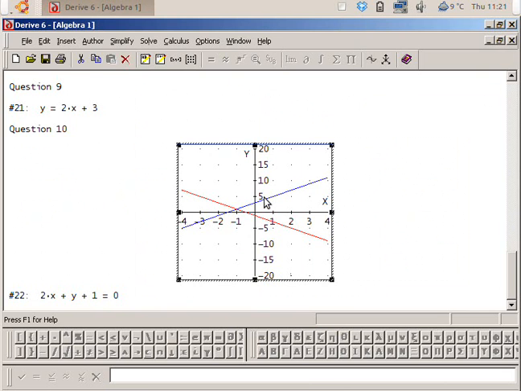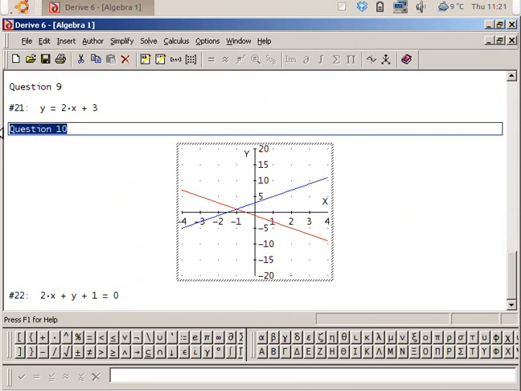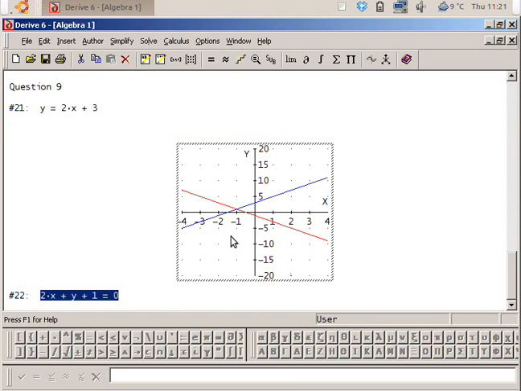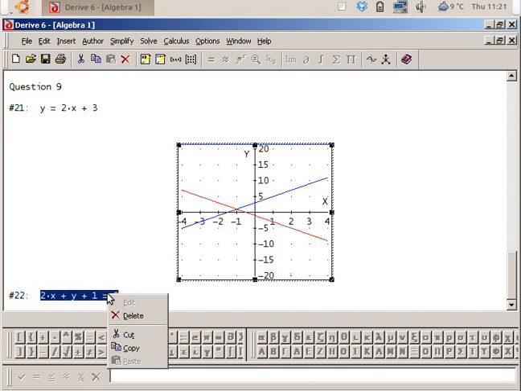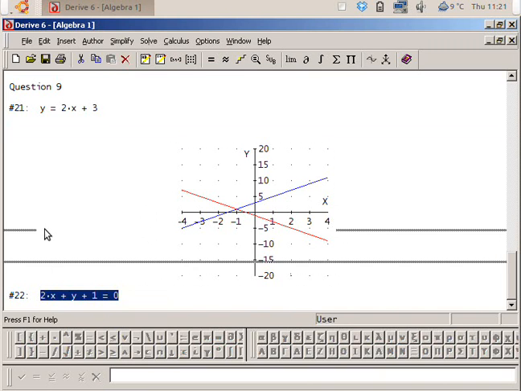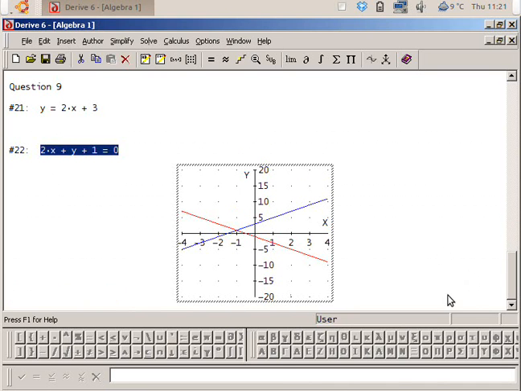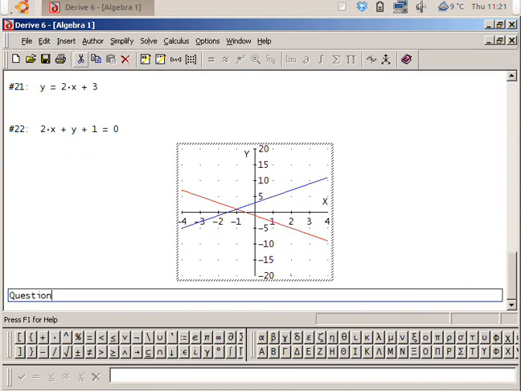Move up. Yeah, okay. And then insert text object. There we go. Okay, number 10 is I want you to solve, find where they meet.